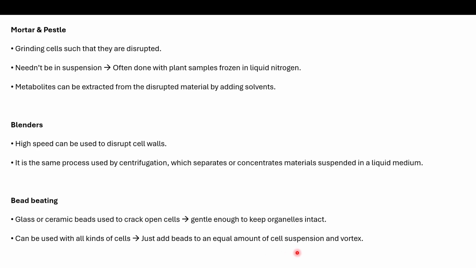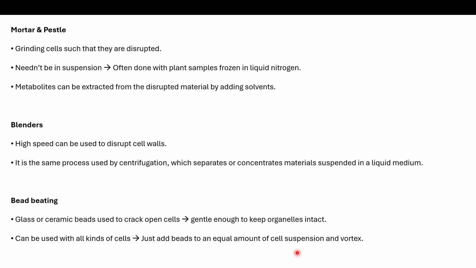If you remember, in some previous tutorial class, I showed you the image. Basically you can set the speed of vibration and disturb the whole suspension, and that will mix it. The vortexing will lead the glass beads as well as the cell suspension to mix very vigorously.